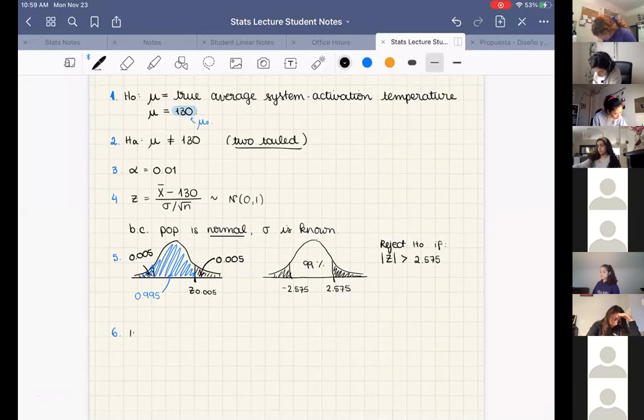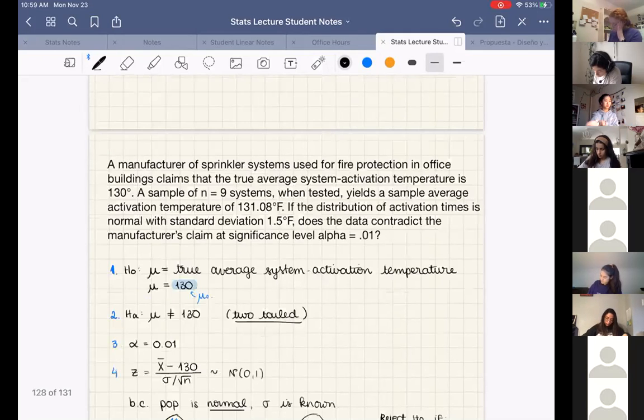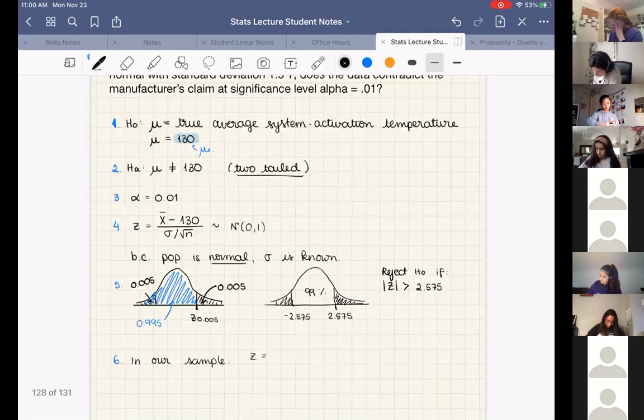And so in our sample, we have that Z is equal to X bar, which was 131.08, minus 130. I also said 0.8 and I wrote 0.5, so of course it's not great.